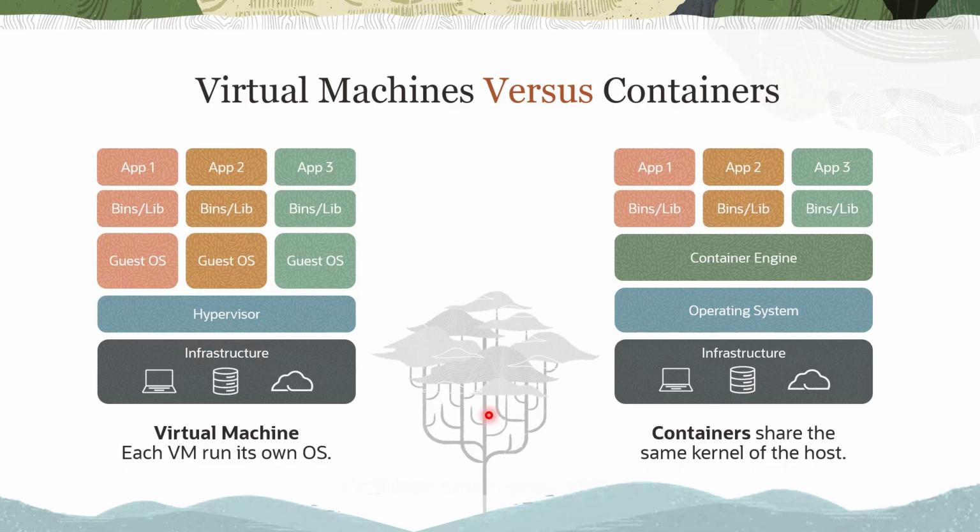Let's understand how virtual machines are different from containers. As you see from the diagram, a hypervisor or a virtual machine monitor is a software, firmware, or hardware that creates and runs virtual machines. It is placed between the hardware and the virtual machines, and it is necessary to virtualize the server. Within each virtual machine runs a unique guest operating system. VMs with different operating systems can run on the same physical server.